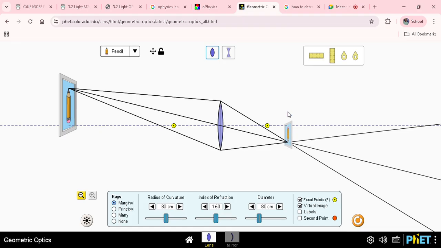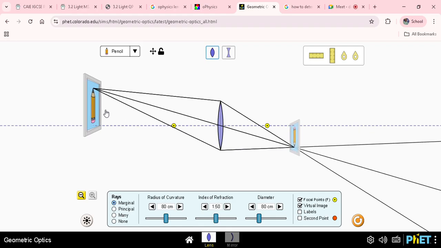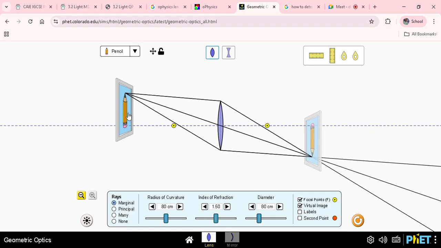So inverted, real, and smaller. But if we put it at 2 times focus, so this is focus and then 2 times focus, this distance is the same as this 2f. It means the image is the same size, the same height, but inverted and real, like that.